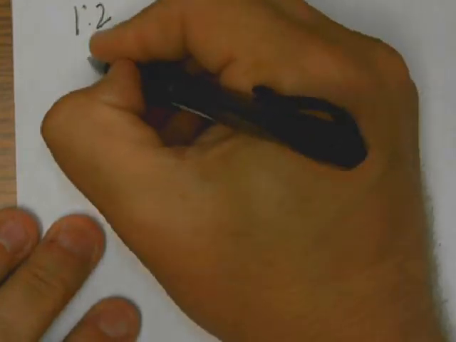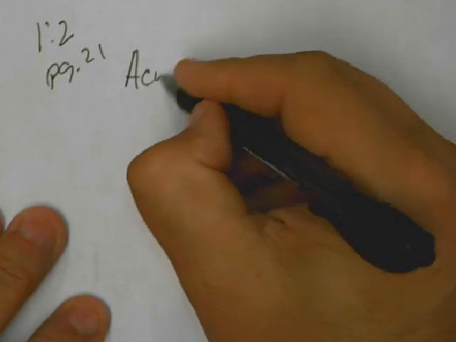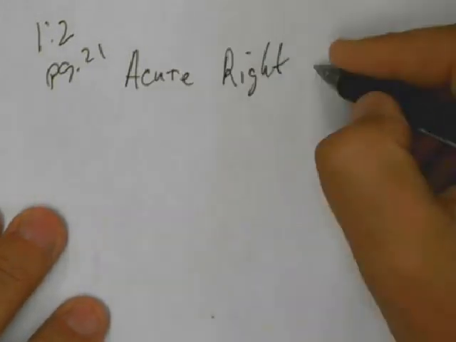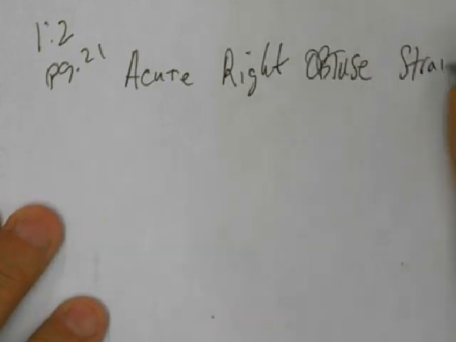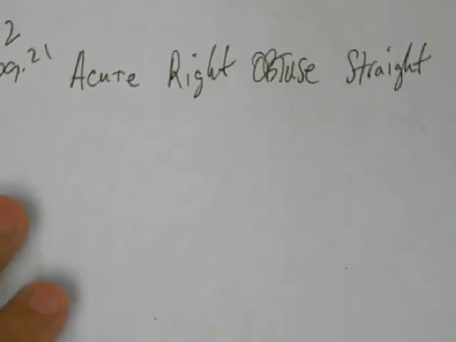Now we've got some notes. Turn to page 21 in your book. This is still section 1-2. At the top of the page, you can see a little chart that classifies angles. This is really review, so let's go through it real quick. Here are the 4 types of angles: acute, right, obtuse, straight.